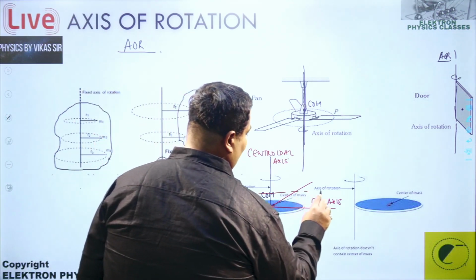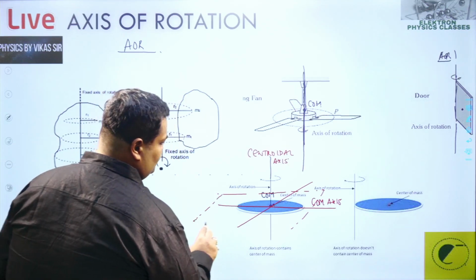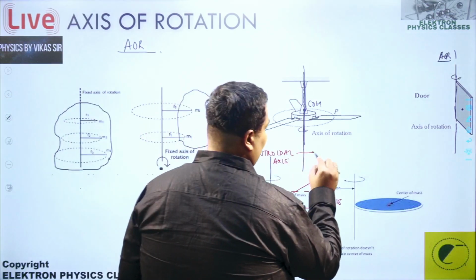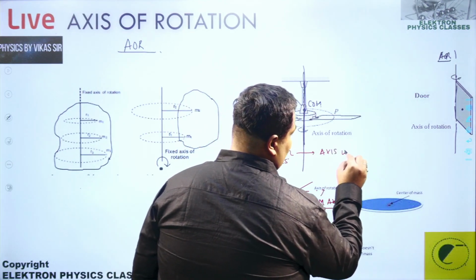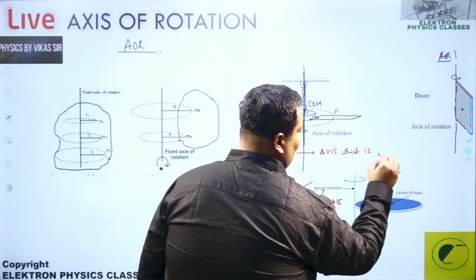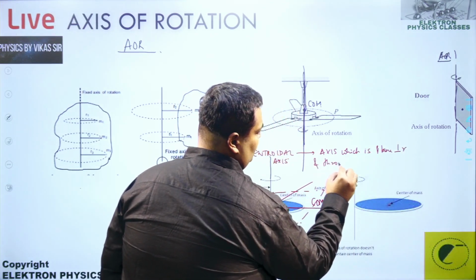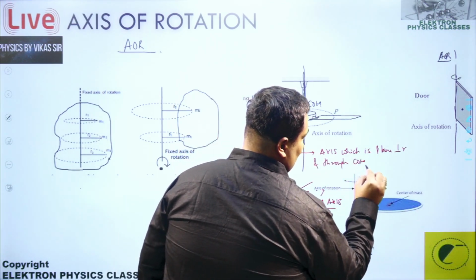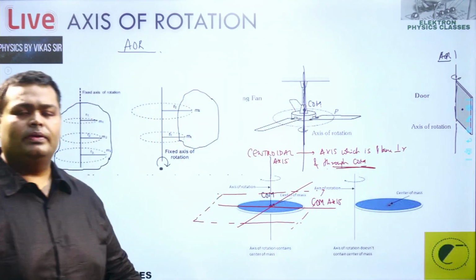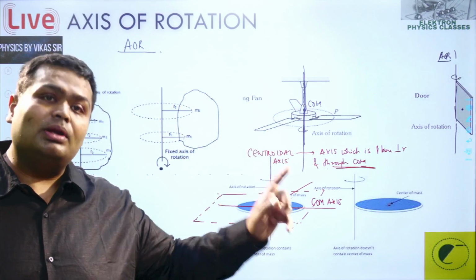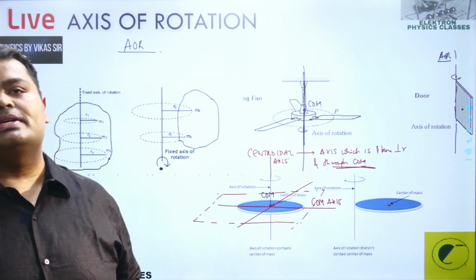The axis which is plane perpendicular and passing through the center of mass, that's the centroidal axis. So you'll get many questions based upon the centroidal axis, and of course about the other axes also, but I said many questions based upon the centroidal.